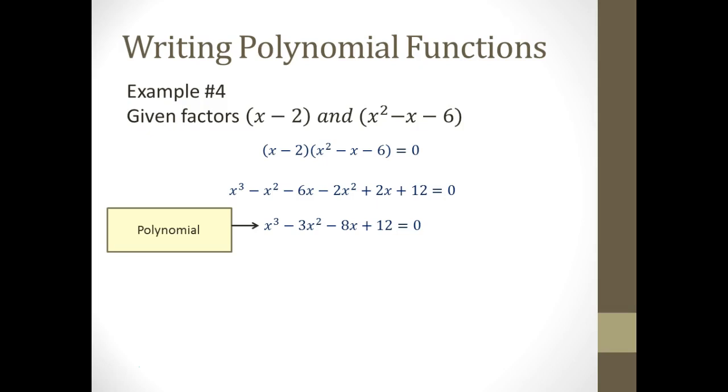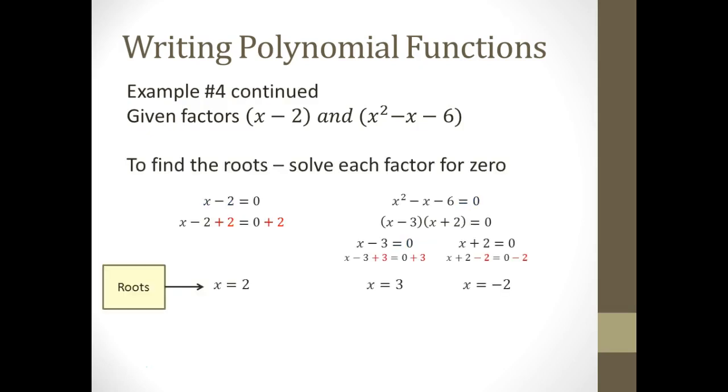If I have the factors, I can always multiply them together to find the polynomial, and that's what I'm doing here. And so I use FOIL again, and I'm not going to go through all of that. If you need help with that, you can come see any Cedar Ridge Algebra 2 teacher. But suffice it to say, when I multiply together those two expressions, I end up with that polynomial.